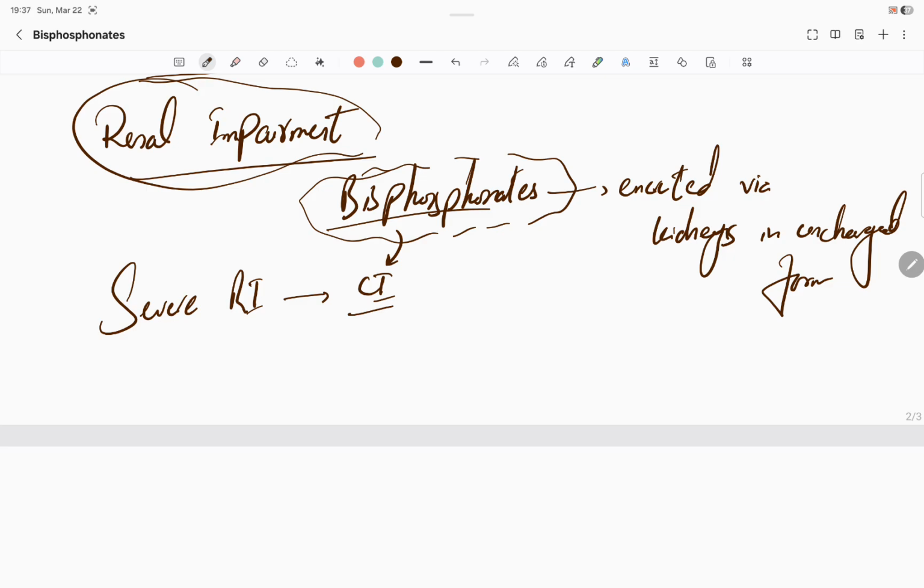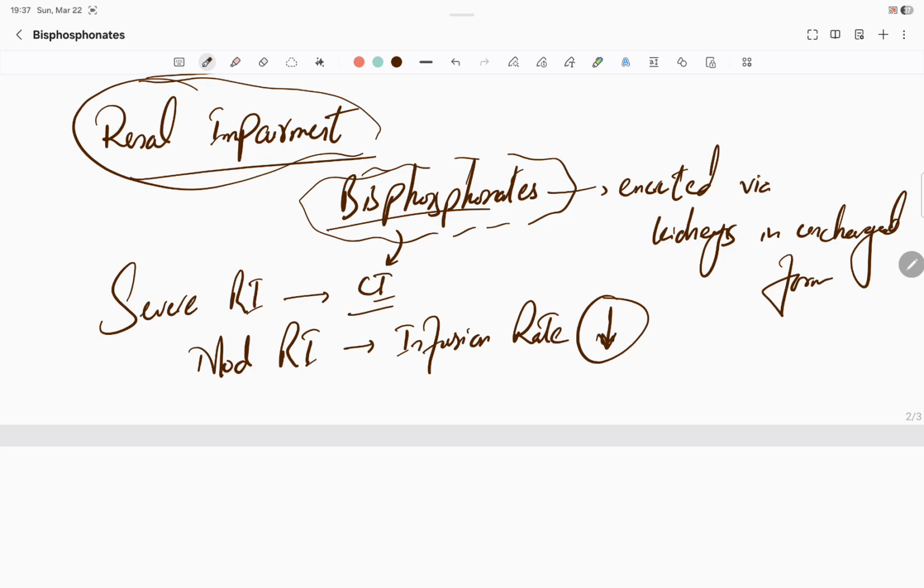And in case of moderate renal impairment, if patient is receiving IV formulations, then infusion rate should be reduced. Okay.